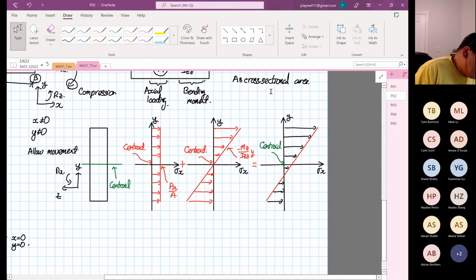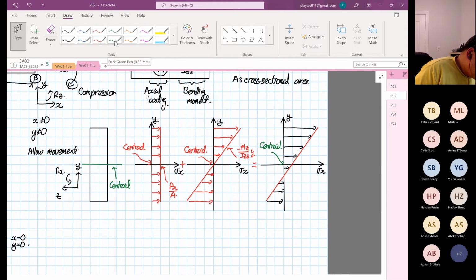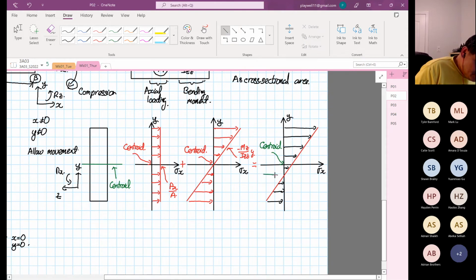However, if we look at the neutral axis now, the neutral axis has been shifted. So now this is the position of the neutral axis, where stress x is equal to what?